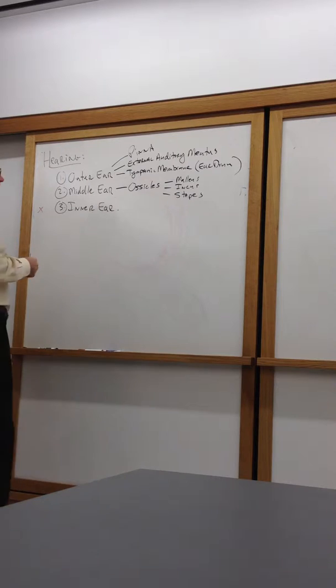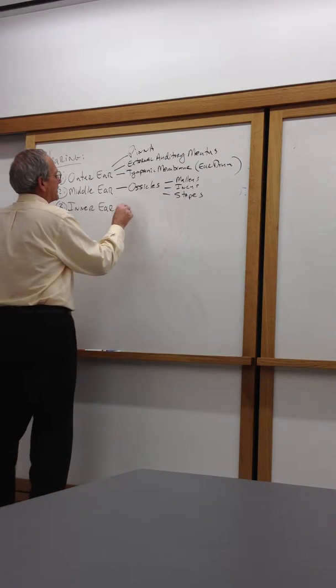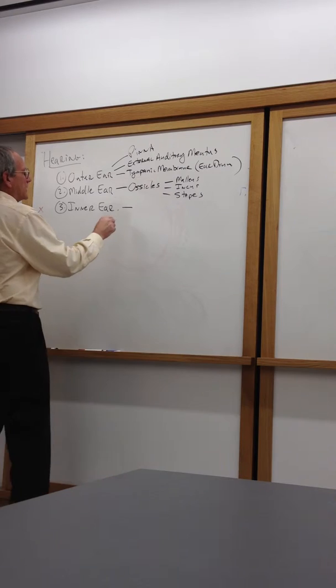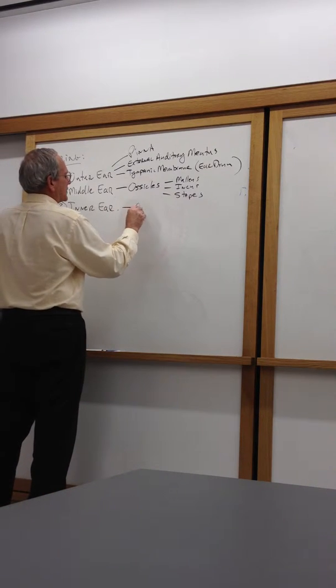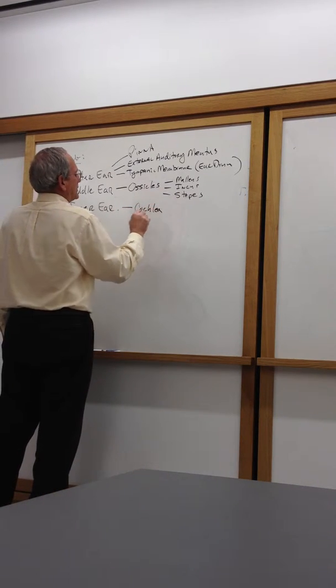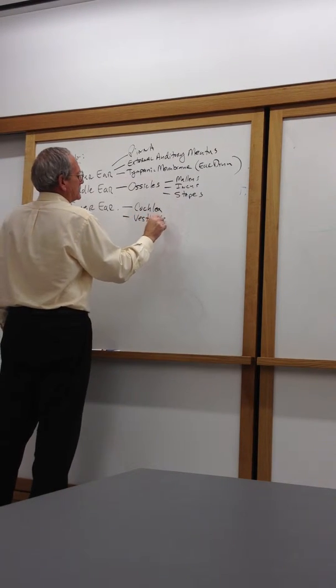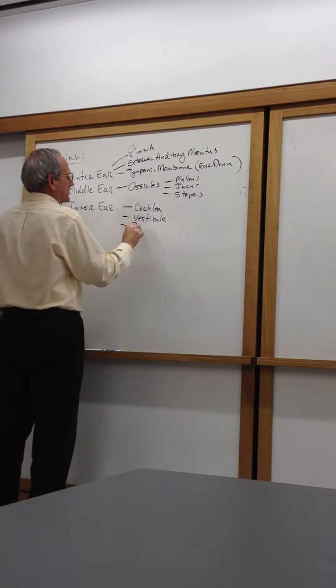The inner ear is where the action is, and it is composed of three structures, two of which are helpful in equilibrium, and one is really involved in hearing. They are the cochlea, the vestibula, and the semicircular canals.